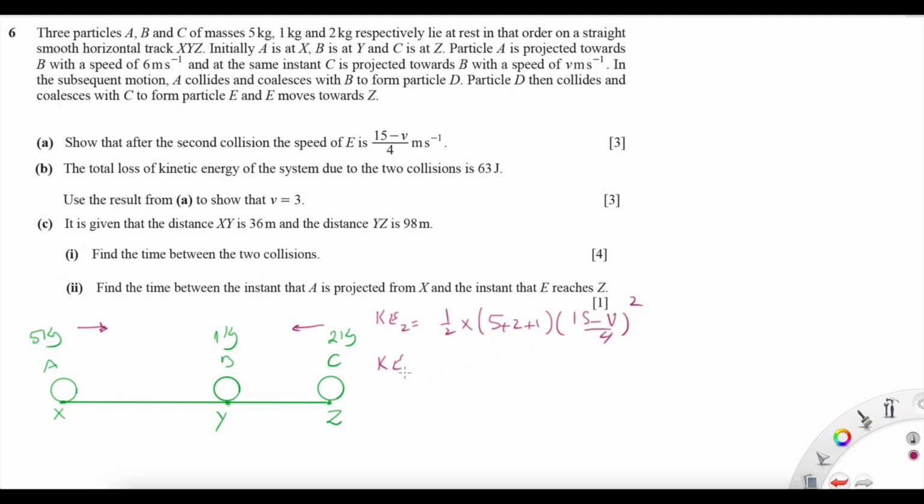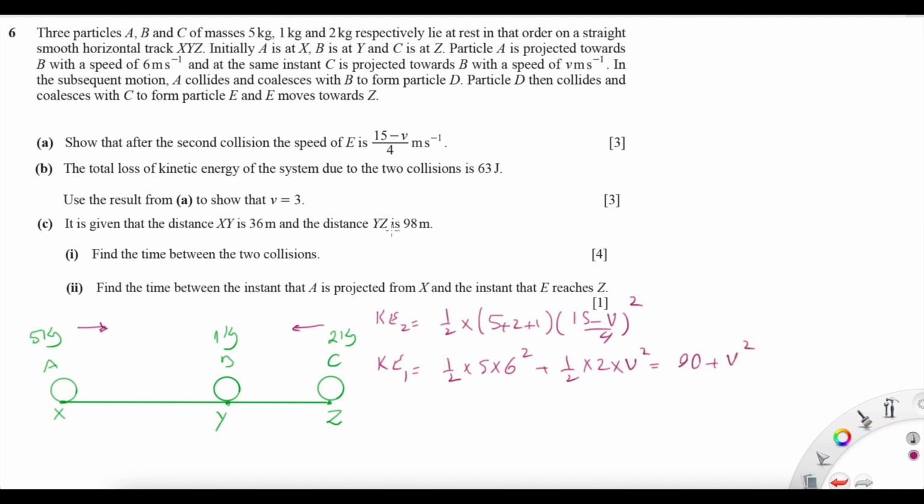Then the initial kinetic energy will be equal to half of the mass of A, which is 5, with speed 6 squared, plus half of the mass of C, which is 2, times V squared, so it will be equal to 90 plus V squared.